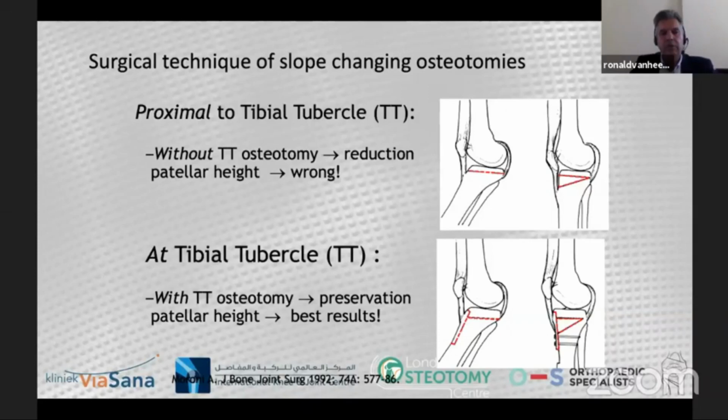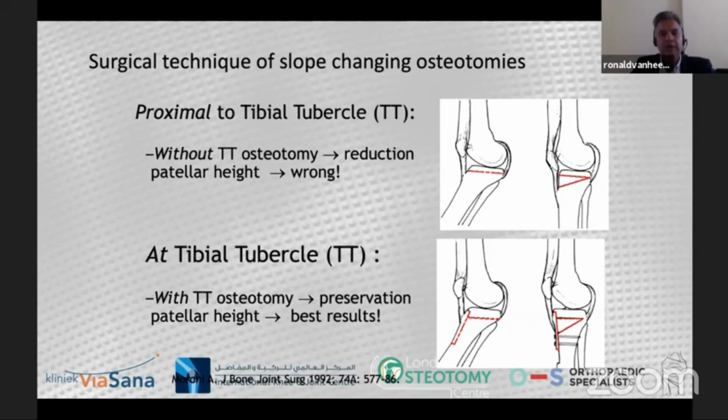So, no touch tuberosity technique. And you have to realize if you take out a wedge, you will heighten the patella. It's only logical. And if you open that bone proximal to the tuberosity and you put in a wedge, you will end up with a low patella, a patella baja. So think about the patella position if you do sagittal plane corrections.